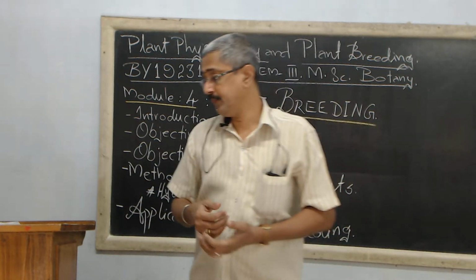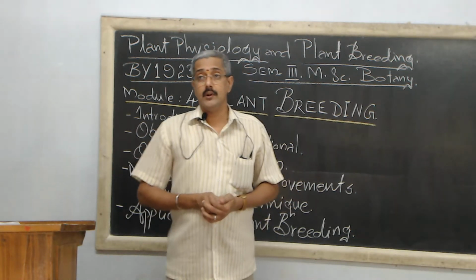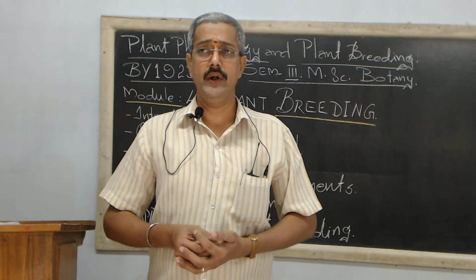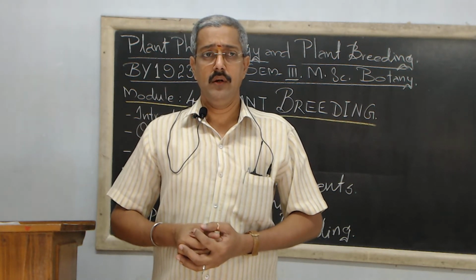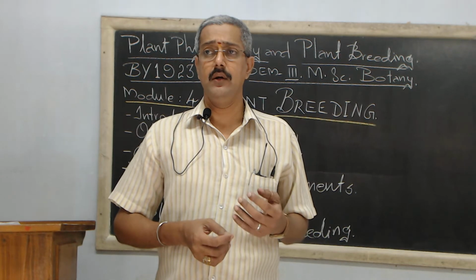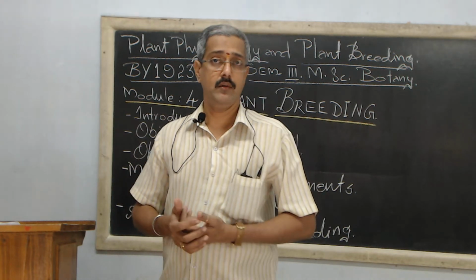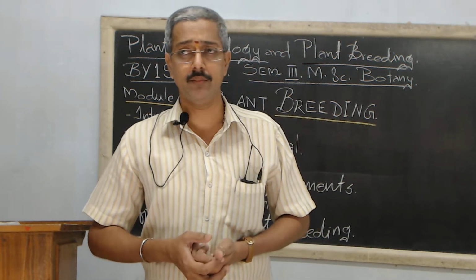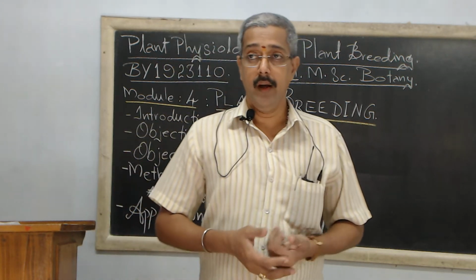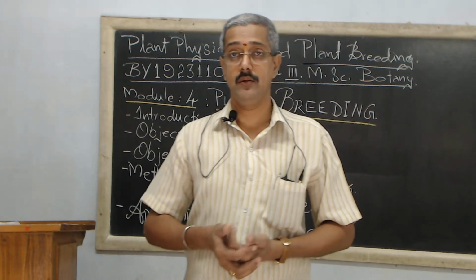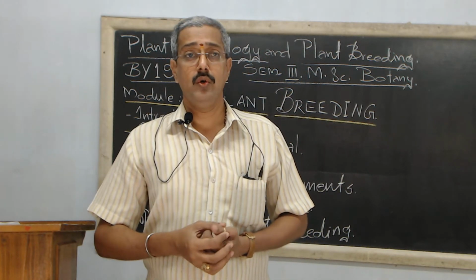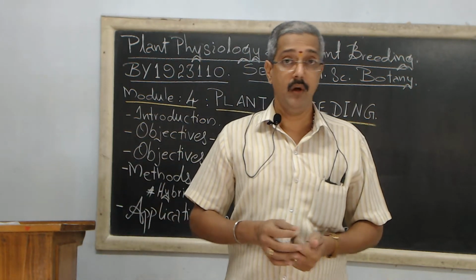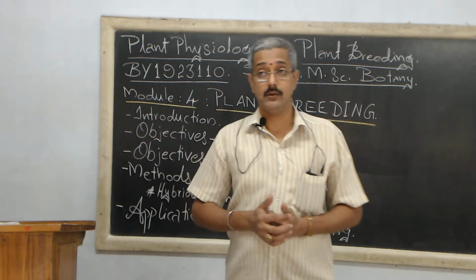In this view, the requirement of human beings, we know, is first the food. Food is the prime requirement of living organisms, especially human beings. The second one is shelter, also a prime need of human beings. And the third one is the mate.